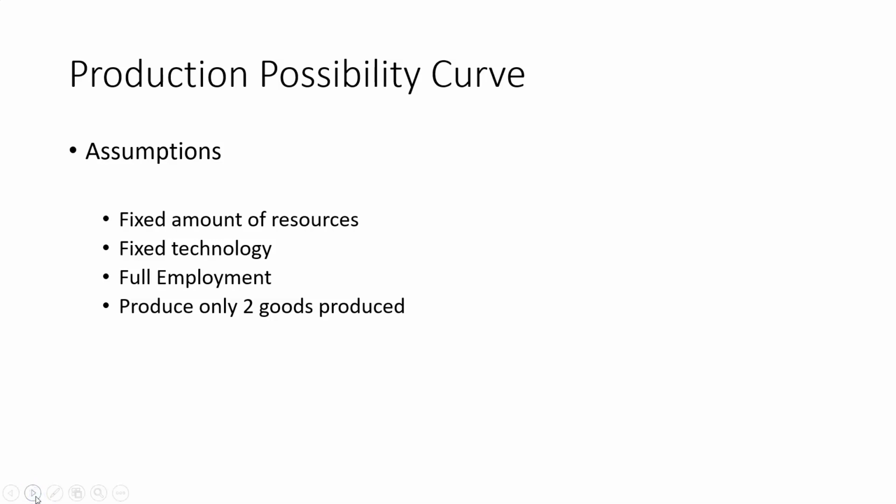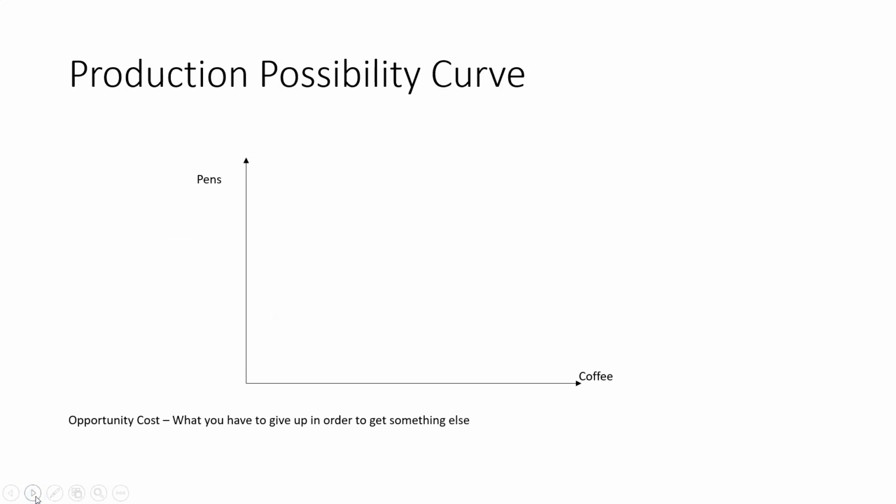Now, let's take a look at what a production possibility curve looks like. First of all, we graph a production possibility curve in what we call goods space. You'll notice that we're measuring the amount of goods on each axis. Now, if we produce pens and coffee, we could plot different combinations of these 2 goods that meet those assumptions.